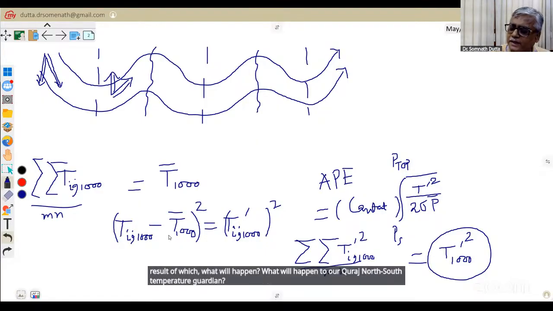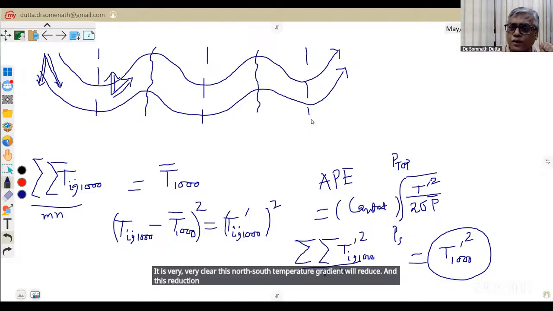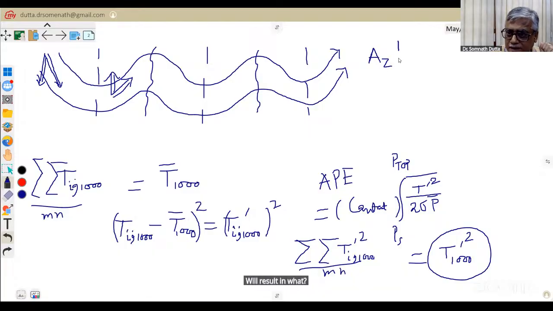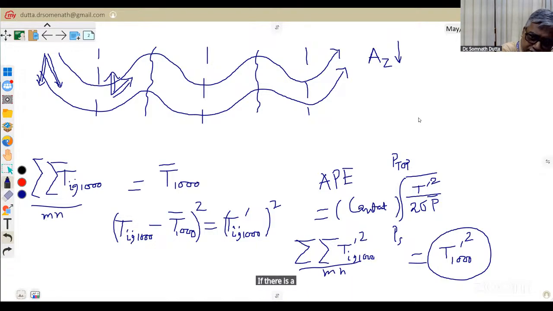It is very, very clear. This north-south temperature gradient will reduce. And this reduction in the north-south temperature gradient will result in a fall in the AZ. Now the question is, if there is a fall in the AZ, then where has it gone? After all, it is energy.